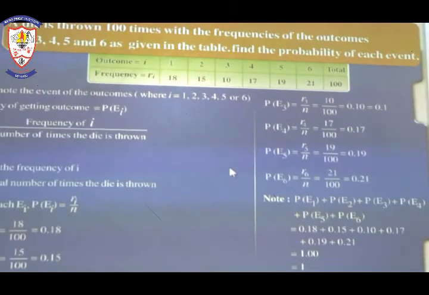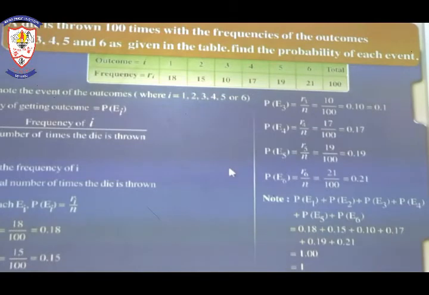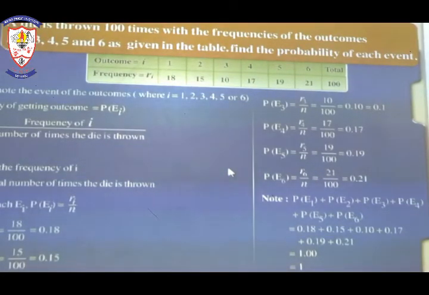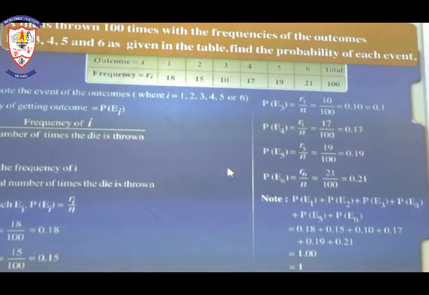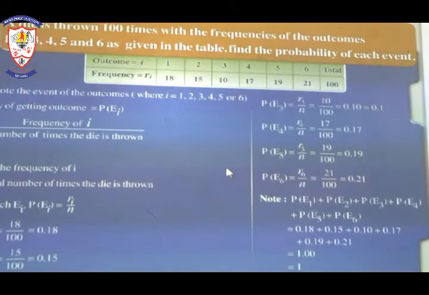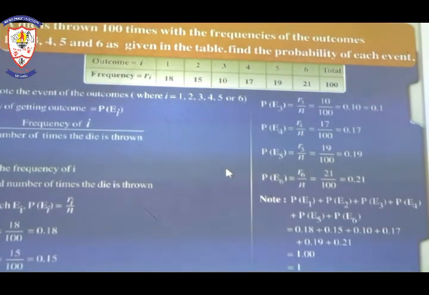In this way we have found the probability of getting 1, 2, 3, 4, 5 and 6. Now when we sum up all the probabilities of the events E1, E2, E3, E4, E5, E6, we will get 1.